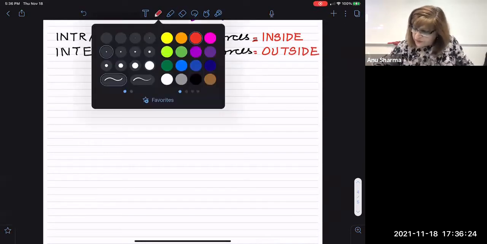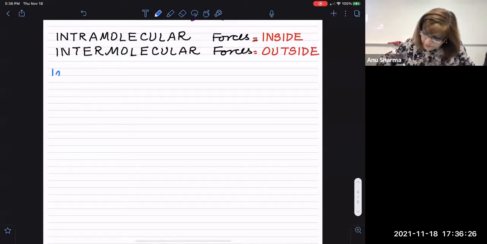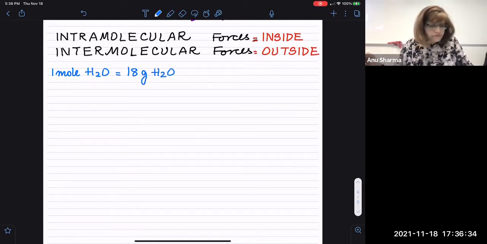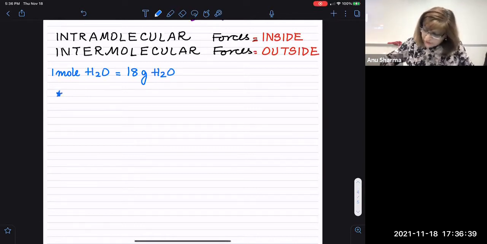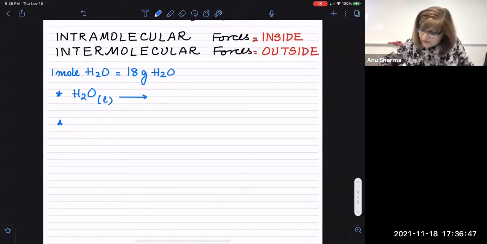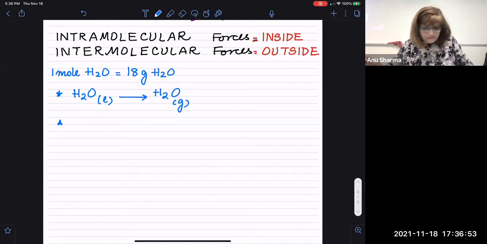Okay, now let's look at this. For example, you have 1 mole of water. 1 mole of water is equal to 18 grams of water. Now, you take this 1 mole of water and you heat it. You take water in the form of a liquid, you heat it, and it becomes water in the form of a gas. That means you are vaporizing it.